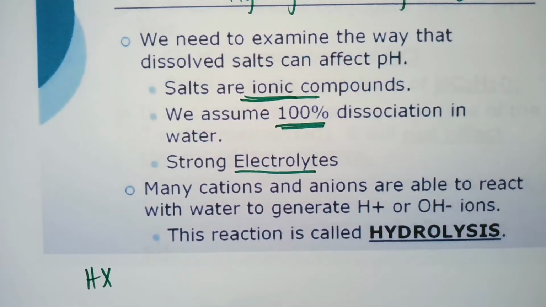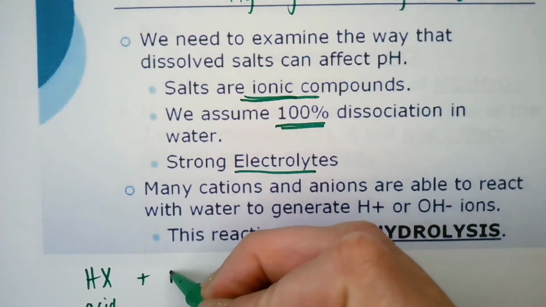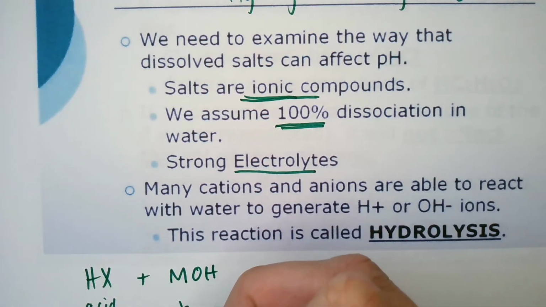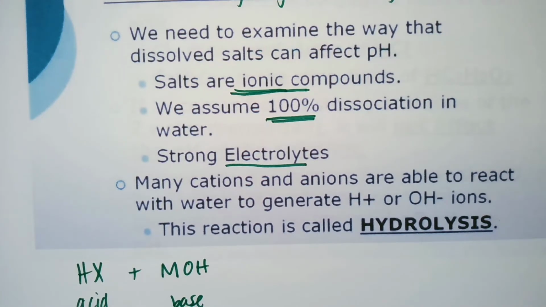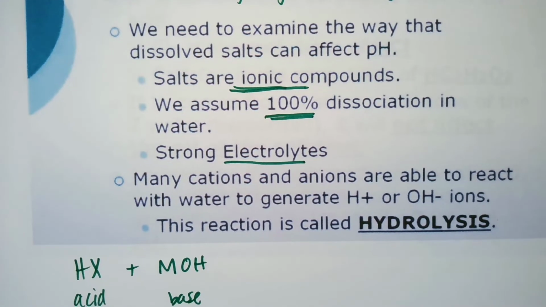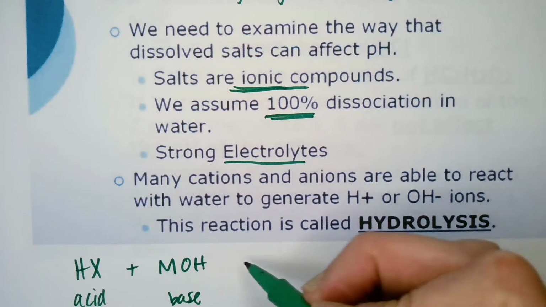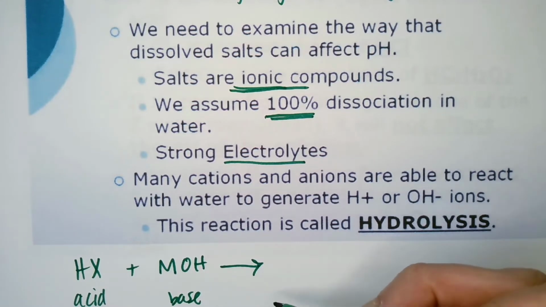If an acid, and let's just use the generic formula, HX, our acid starts with an H, reacts with a base, let's just put metal hydroxide. So we have our acid and our metal hydroxide. Any metal like lithium, sodium, potassium, anything like that would work for the metal.